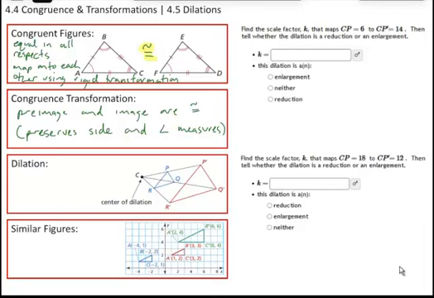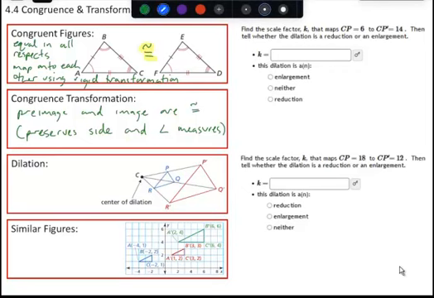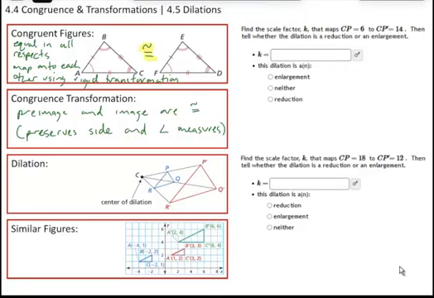Now, once you start getting into 4.5, which is dilation, the last two definitions are from 4.5. Dilations change the size of a figure without changing its overall shape.